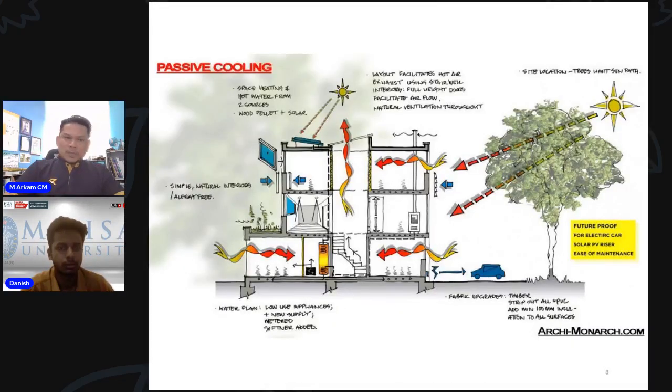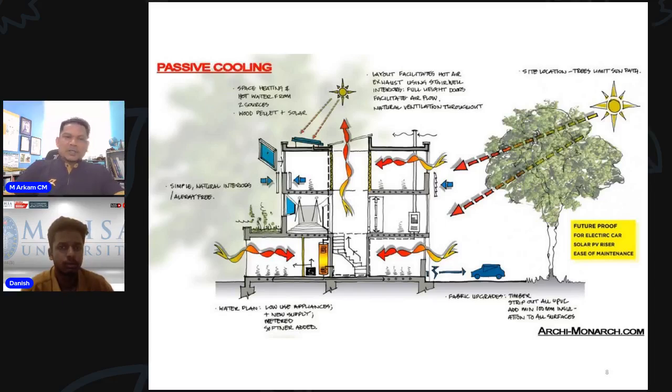Okay, this is a more complicated design where we can explain the heat flow coming from the side of the building and then going back out through the roof opening or roof monitor to create internal circulation of the building, where we can go for passive cooling.